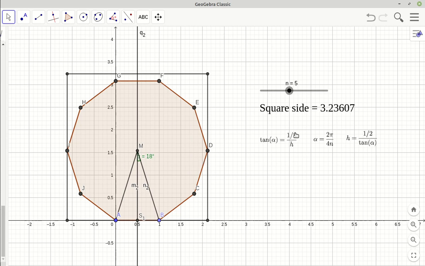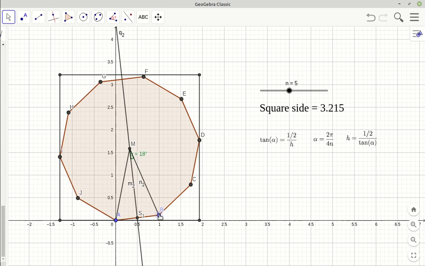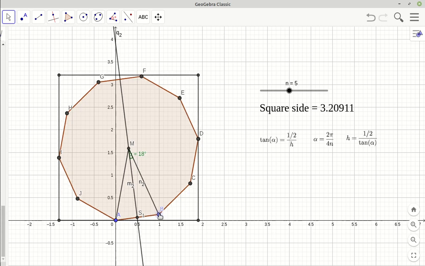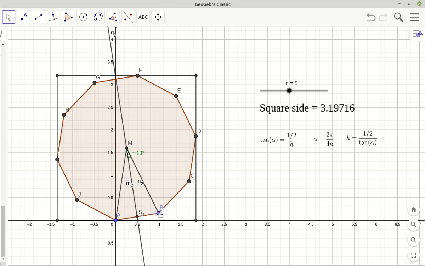The square size is 3.33 when AB is parallel to the x-axis, but we see that when we rotate this n-gon, then we still can get a smaller square size, and in this case it goes down to 3.19 something.